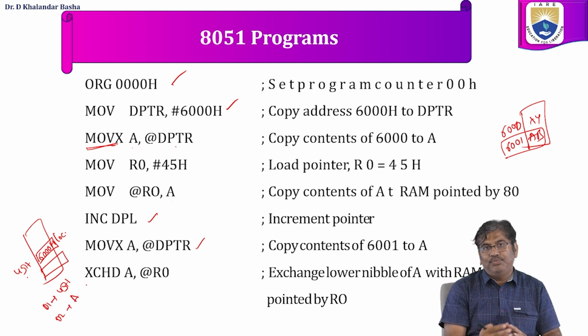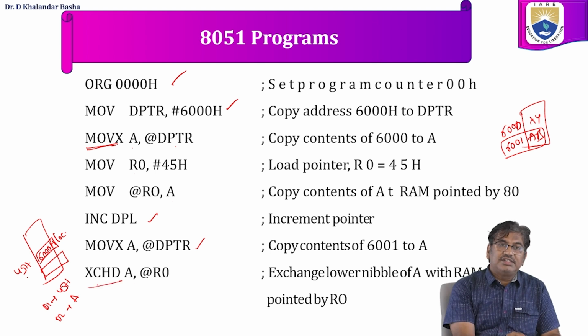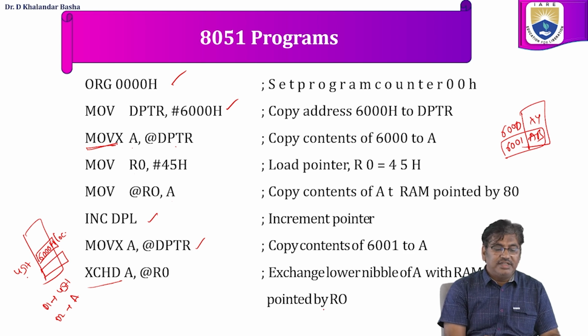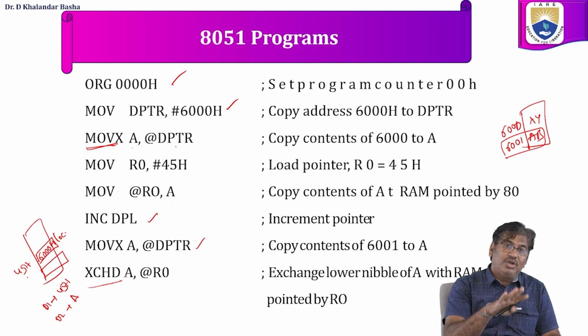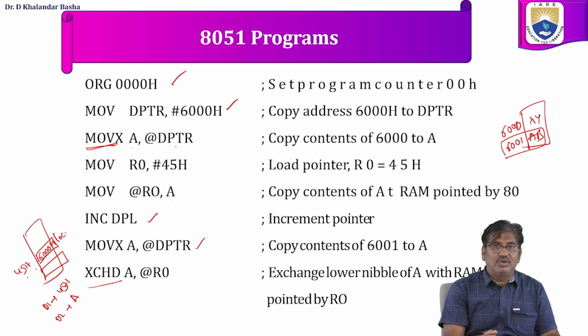Now we want to swap the lower 4 bits. For swapping the lower 4 bits, we have XCHD, that is exchange digit. When you have the XCHD instruction, the accumulator's lower 4 bits will be exchanged with the source contents. Our source is 45H, where we have the 6000H location contents.